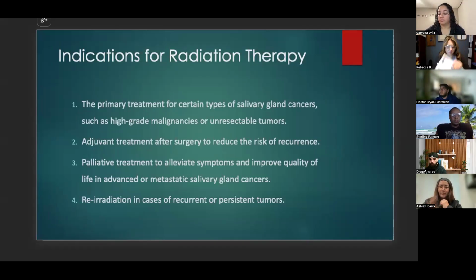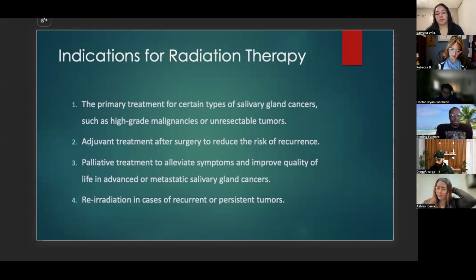Why would they get radiation therapy? The primary treatment for certain types of salivary gland tumors would be surgery. If they are malignant or unable to get surgery, then we would take them for radiation therapy. Sometimes after surgery we would treat them if we were in fear of a risk of recurrence.